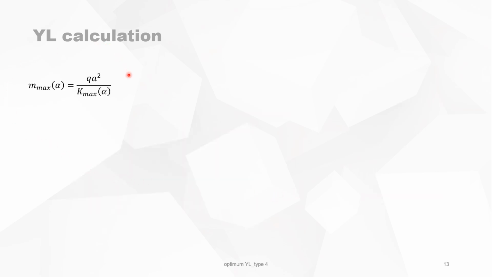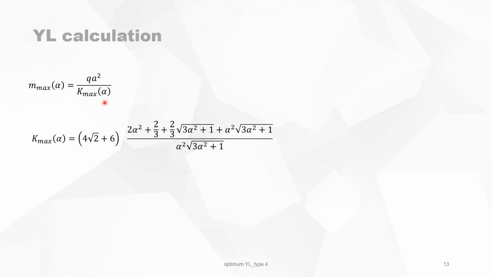We can now also look at it from another point of view. The maximum bending moment as a function of alpha is equal to qa squared divided by a coefficient k. I call it k max as a function of alpha. By calculating k max from the formula of m max of the previous slides, we obtain this expression.